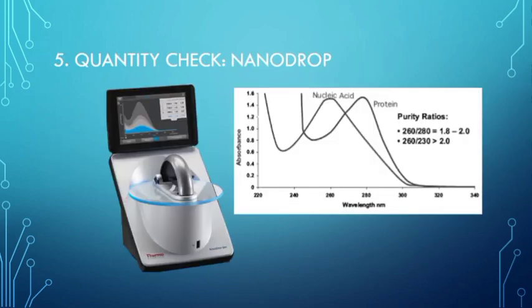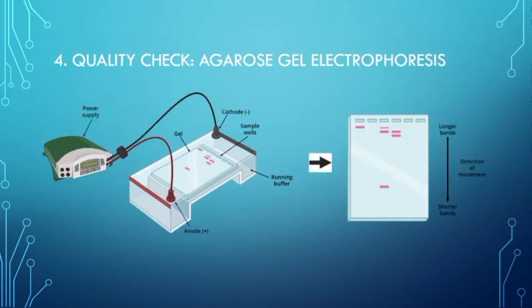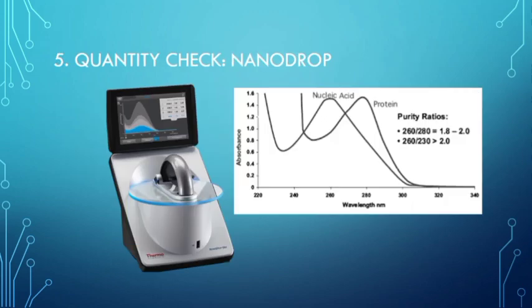Then number 5 is the quantity check. Here agarose electrophoresis is for quality check, and NanoDrop is for quantity check. Using NanoDrop you can assess your nucleic acid concentration and purity ratios, like in 1 microliter what is the amount of your nucleic acid.